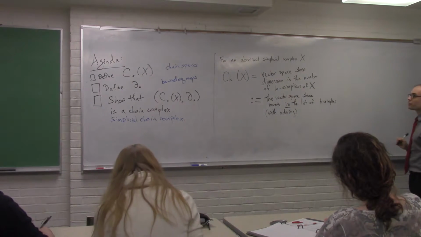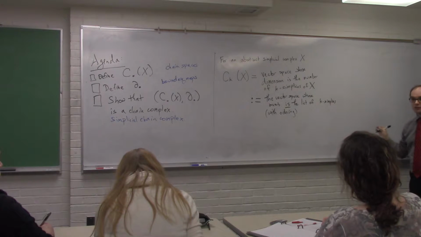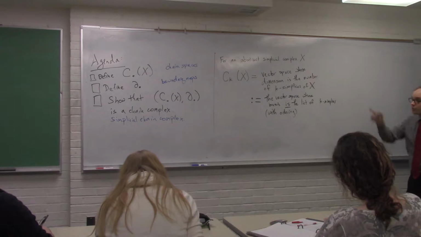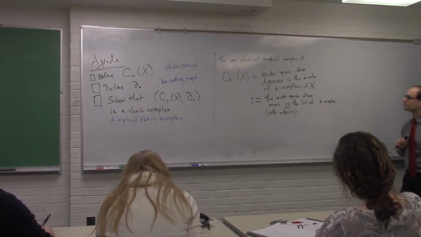Now, the ordering doesn't play a role in C_k itself, but I'm remembering the ordering because it'll play an important role when I want to write down boundary maps.